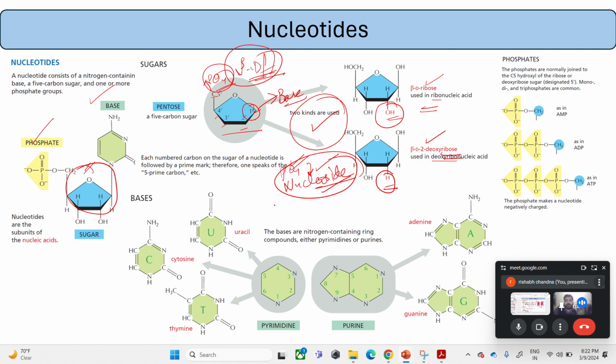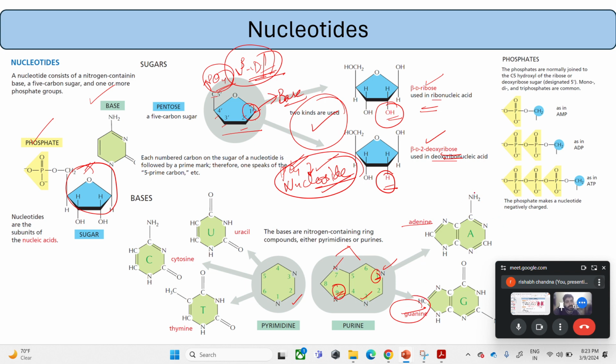Now talking about the bases, we have two kinds of bases present inside the body. First are the purines, and the other are the pyrimidines. Purines have a two-ring structure with four nitrogens, numbered from position one to position nine, and the nitrogens are at positions 1, 3, 7, and 9. Among the purines we have adenine and guanine.